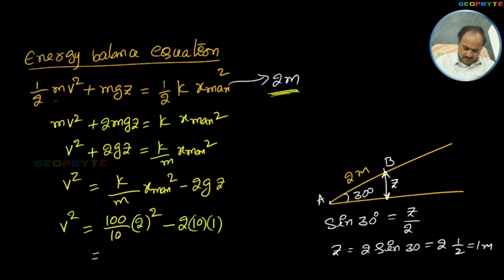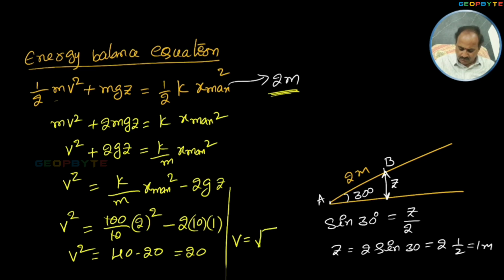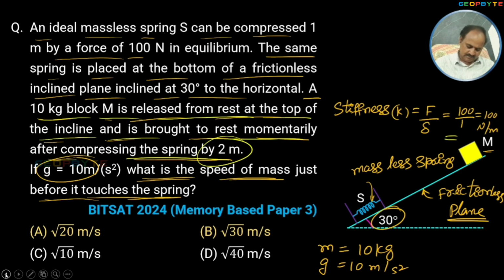It is equal to 10 into 4, 40, minus 20. So v square equals 20. From this I can write that v equals root 20 meter per second. That is the answer. Look at the options: root 20, option A is absolutely correct. Understood clearly? I try to explain each and every point at your understanding level.